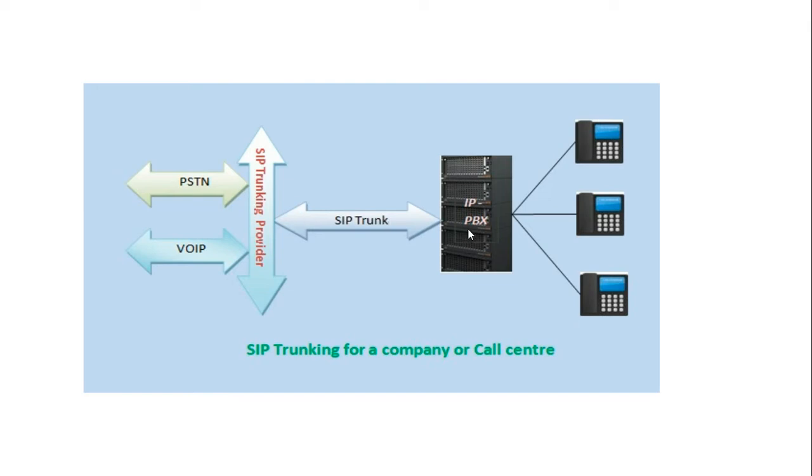They can provide you a SIP trunk to connect your IP PBX. The PBX is basically your SBC, where your phones are connected, or you can host your application here for receiving inbound calls from mobile numbers or any other numbers.